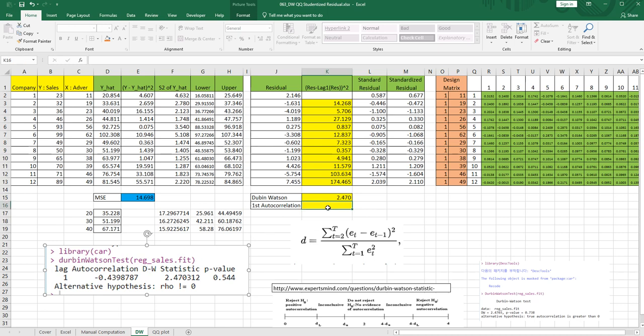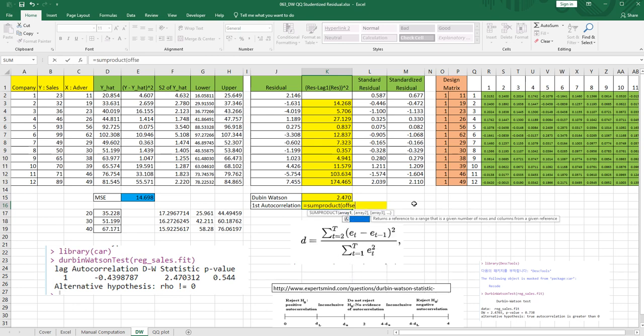All right. So if you are familiar with Excel functions, you can get autocorrelation by this formula: SUMPRODUCT and OFFSET. Reference the data set here, and we are not going to change row and column, so 0, 0, and height should be 11 because the total number of observations minus 1 is 11, and comma OFFSET.